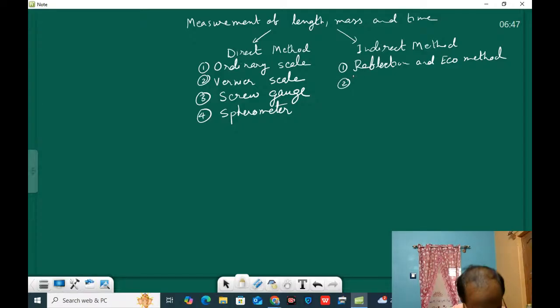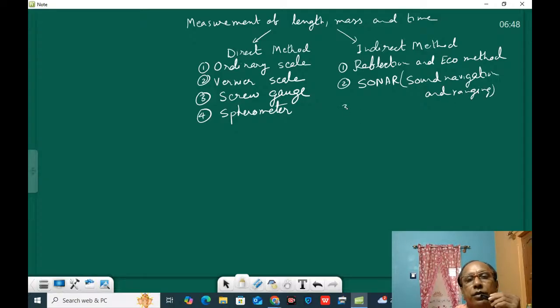And the second method, what we use is sonar. SONAR means sound navigation and ranging.